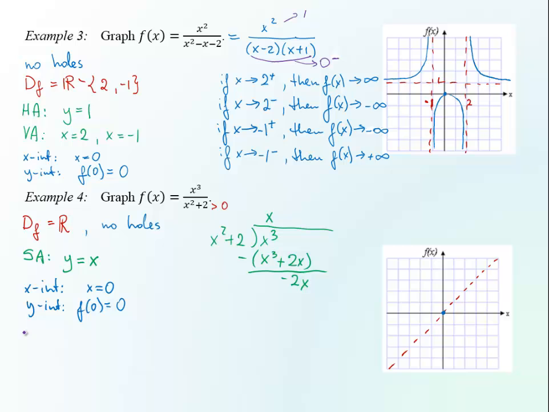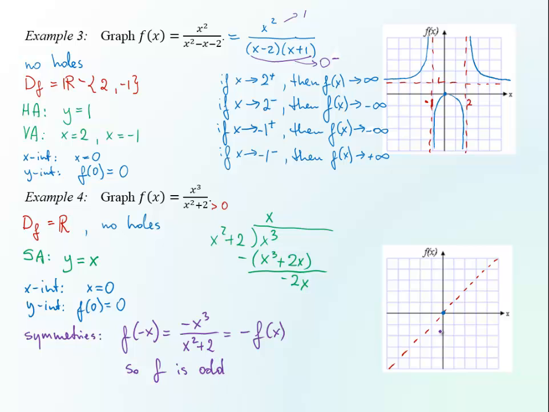And finally, we can also check for symmetries. If we calculate f of negative x, which is negative x cubed over x squared plus 2, that's really the same as negative f of x. So f is odd.